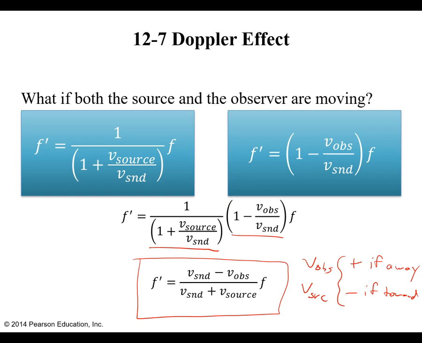And by the way, just as a note, if the observer is not moving, that term goes to 0, and you do a little bit of algebra, you get this equation back. If the source is not moving, do a little bit of algebra, you get this equation back. So this is one beautiful equation that handles all of the Doppler effect.